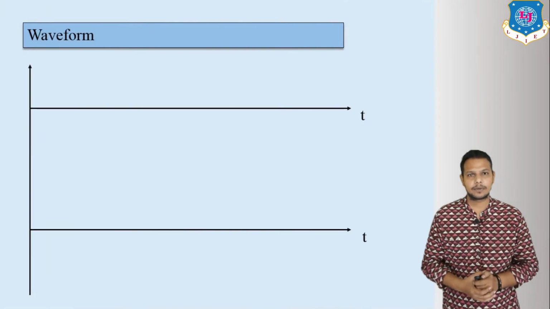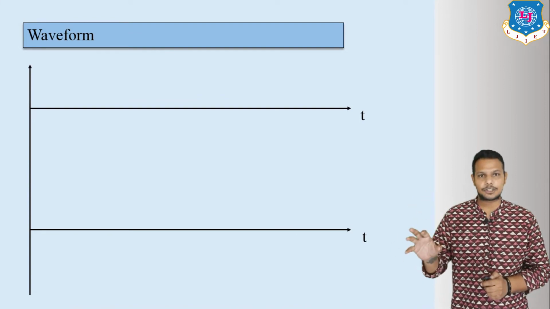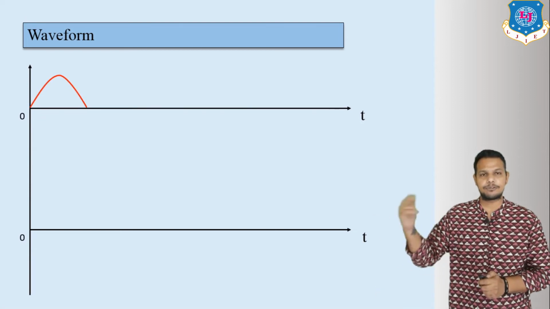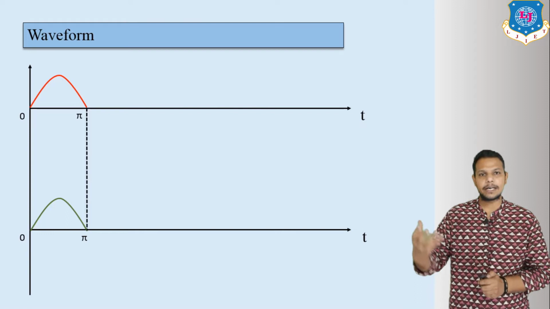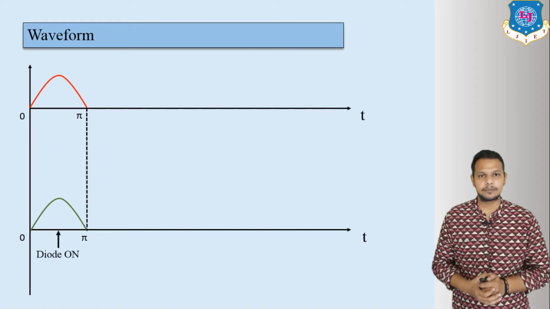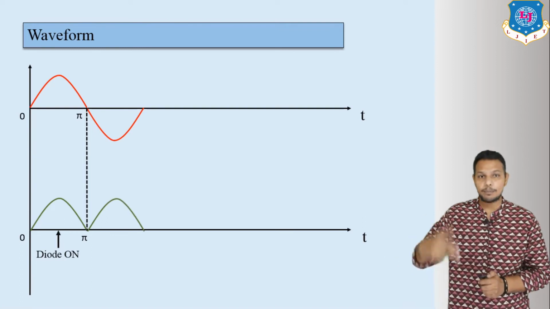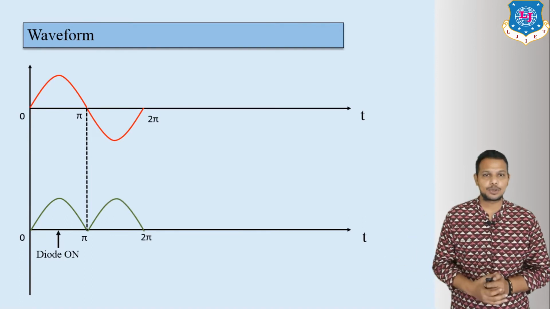So here the final waveform of this construction is like: if we enter a positive waveform, then we will get a positive waveform at the output side. Now if at input we apply a negative half cycle, then we will get positive again, pi to 2 pi.